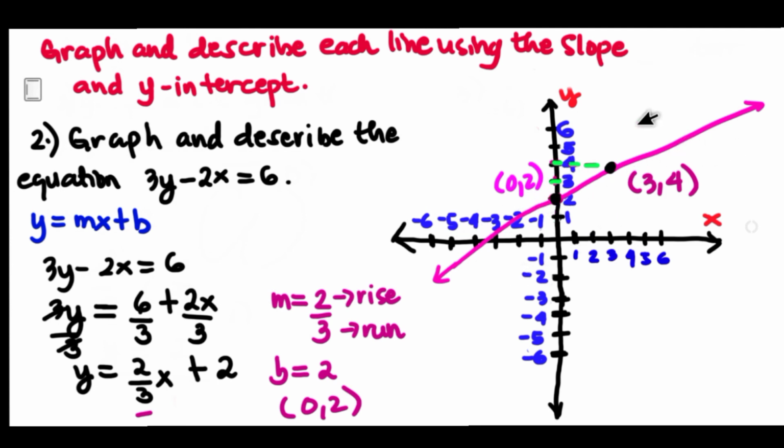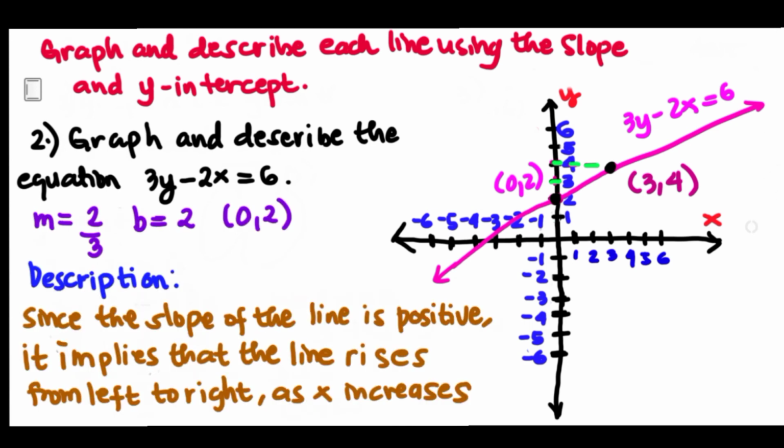So, this is the graph of 3y minus 2x is equal to 6. If we notice, earlier the graph went down from left to right. Now the graph goes up from left to right. So if we look, the slope is positive. Because the slope is positive, the graph rises from left to right infinitely.